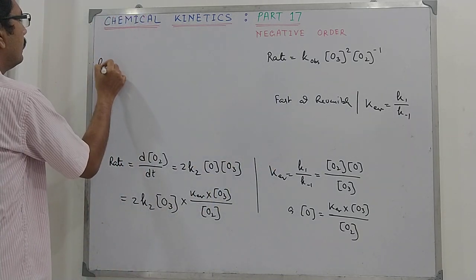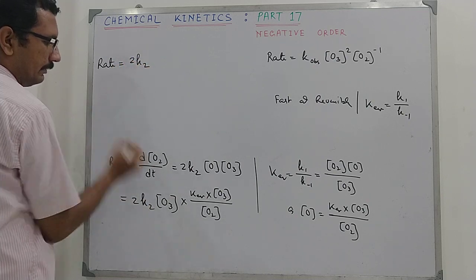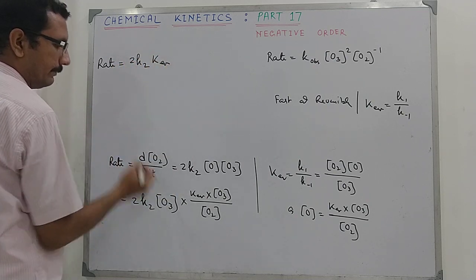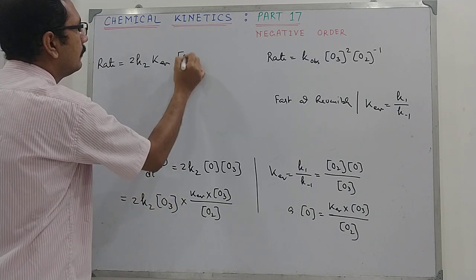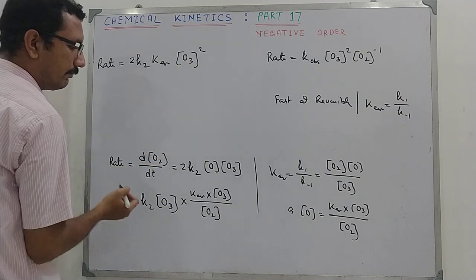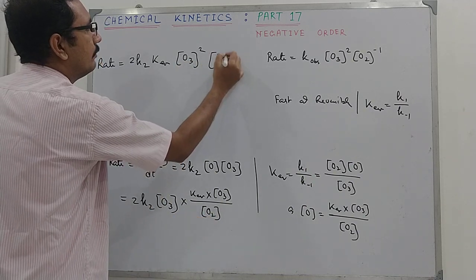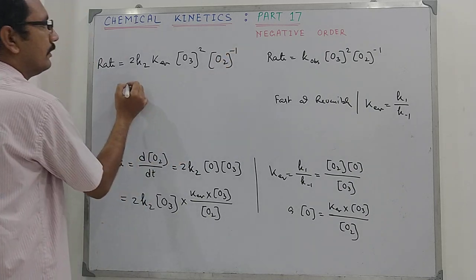So the rate is 2K2 into K equilibrium into [O3] whole square, and this [O2] is in the denominator, so it will be [O2] to the power minus 1.